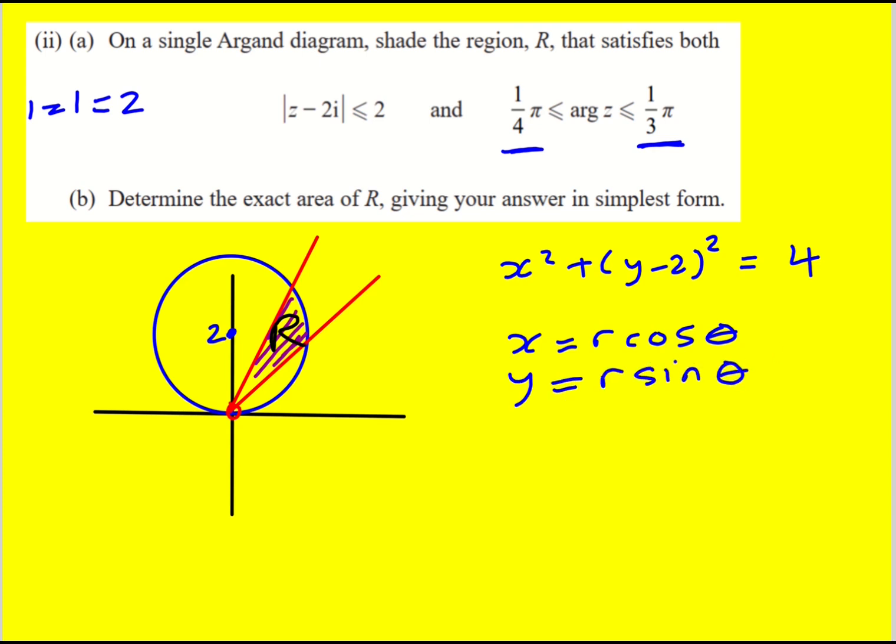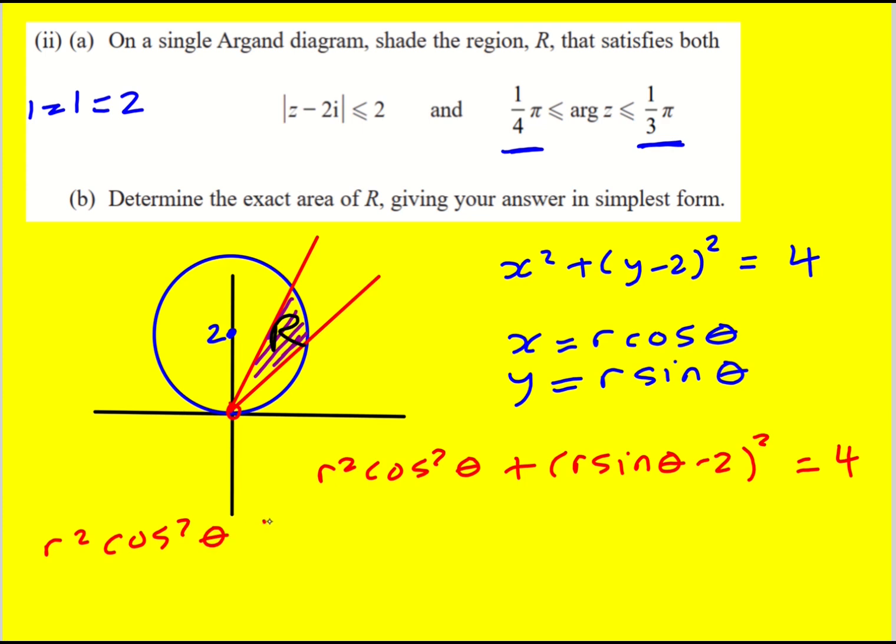So we can sub these in and we'll get r squared cos squared theta plus (r sine theta minus 2) squared equals 4. Therefore, r squared cos squared theta plus r squared sine squared theta minus 4r sine theta plus 4 is equal to 4.